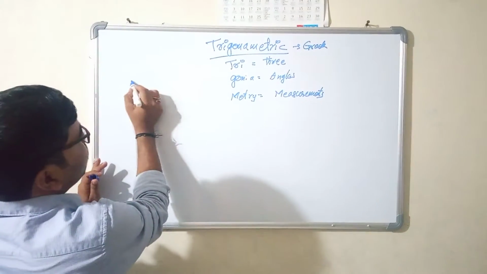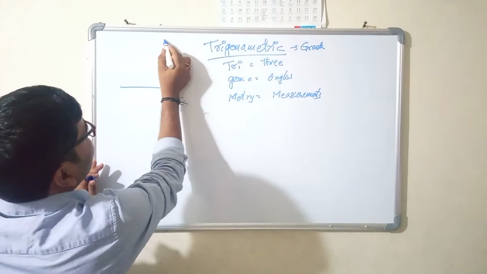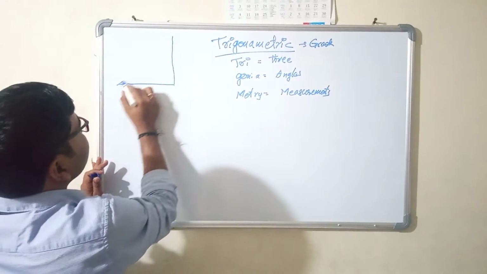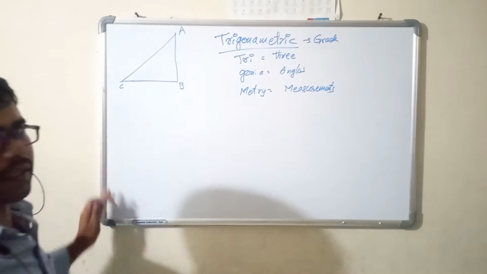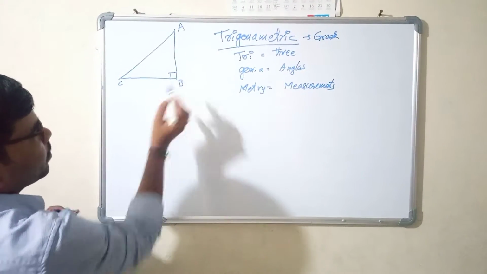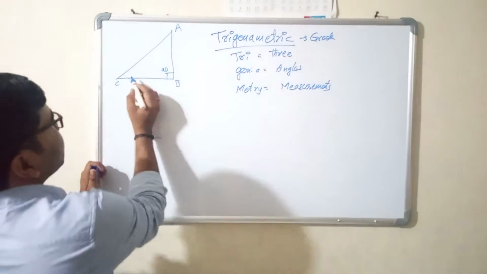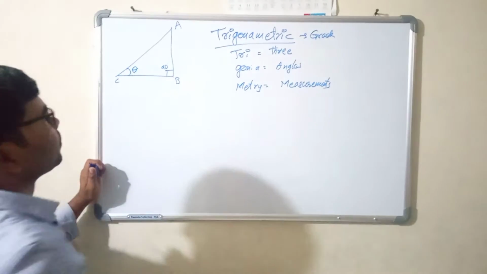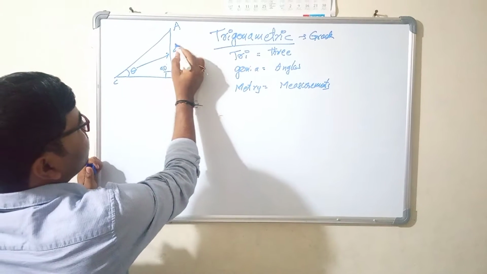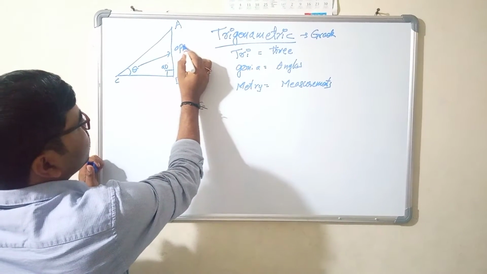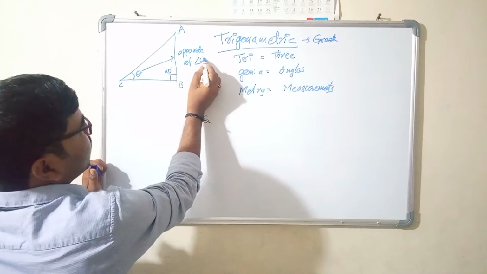It deals only with the right angle triangle. If we take ABC as a right angle triangle, with the right angle at B, that means 90 degrees at angle B. Next, if we take this angle as theta, this side is the opposite side of angle theta.